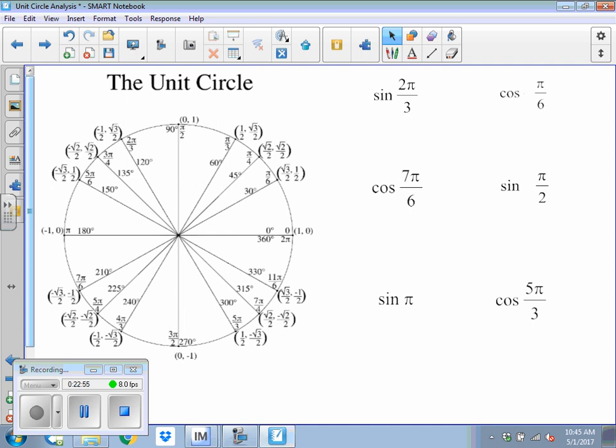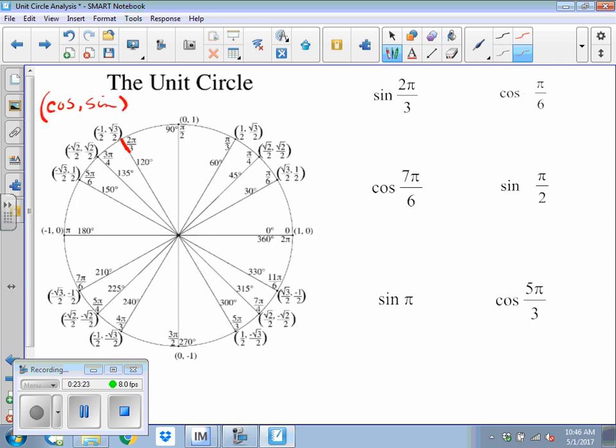Now, this is not on your sheet. Sine of 2 pi over 3. So you have to take your unit circle, find 2 pi over 3, and then tell me what is the value of the sine. So here's 2 pi over 3, right here. That's the same thing as 120 degrees. And remember, it goes cosine, sine.